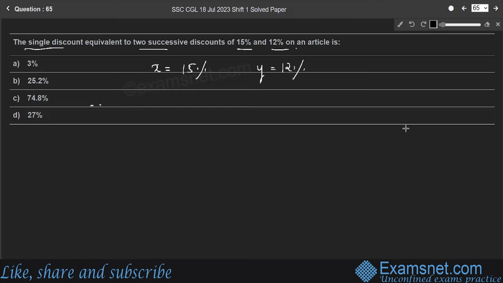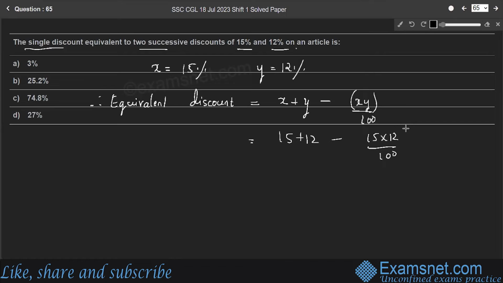Then the equivalent discount formula says a single equivalent discount to the two given successive discounts is equal to X plus Y, sum of two successive discounts, minus X into Y by 100, right?